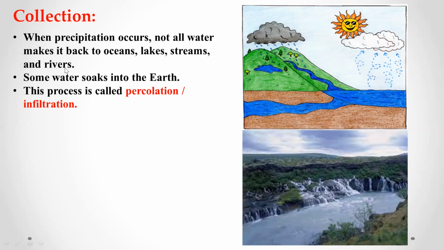All of it cannot go to the rivers. Some water soaks into the earth. This process is called percolation or infiltration. These two terms are used when the water trickles down into the soil on earth, right?